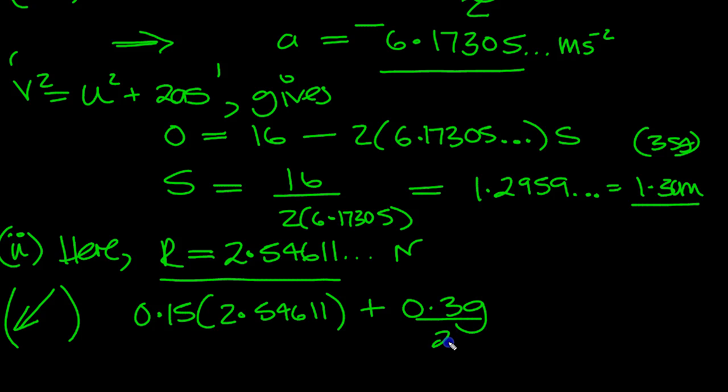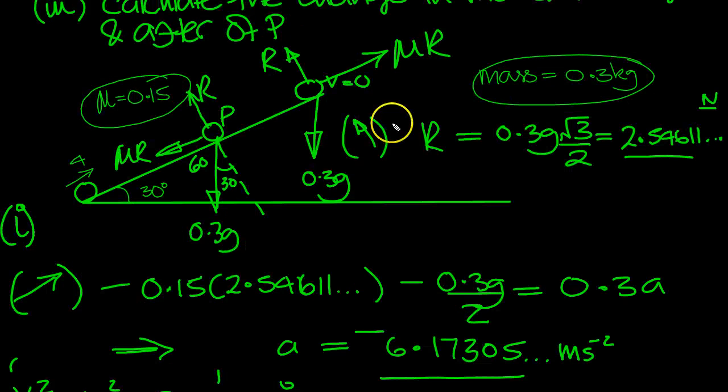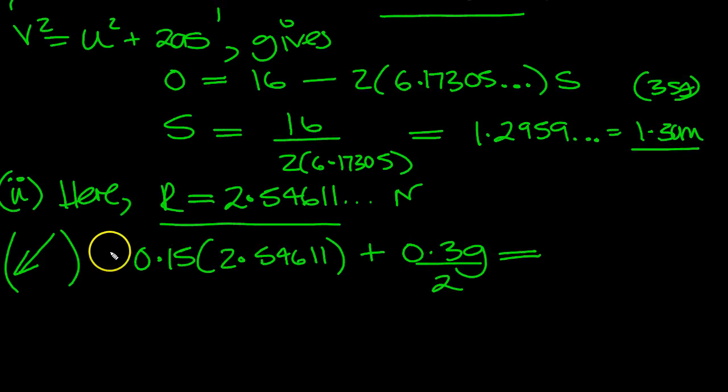Which is over 2. So it's plus this time. Let's just show you that on the picture. This weight, cos of this angle, 60, plus, it's that minus mu R, isn't it? So the mu R is negative, plus the weight is equal to the 0.3 times the new acceleration now, which we can call a dashed.